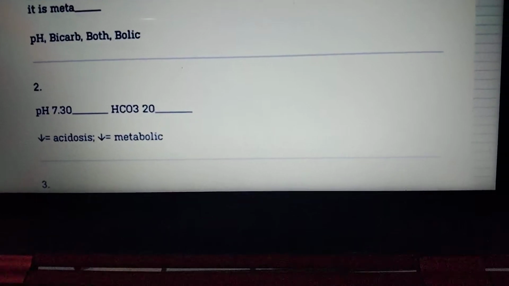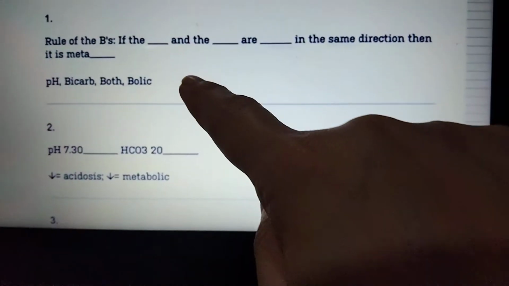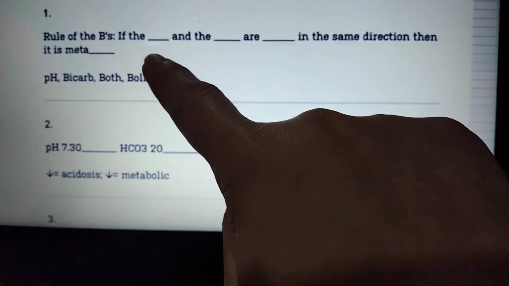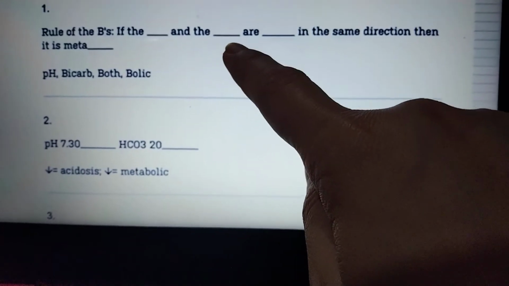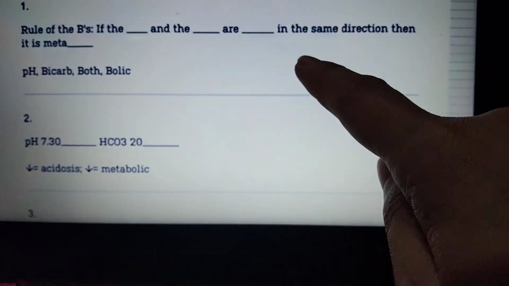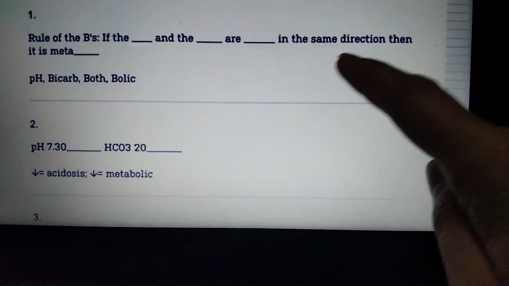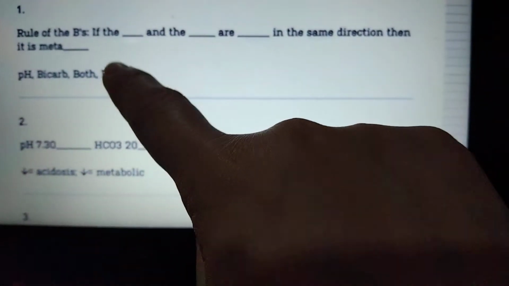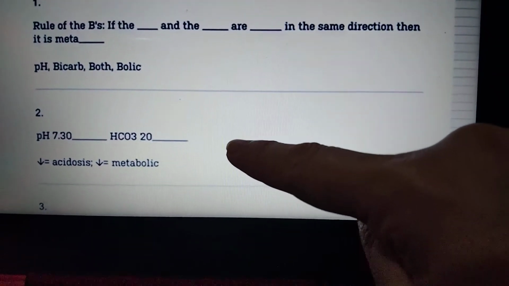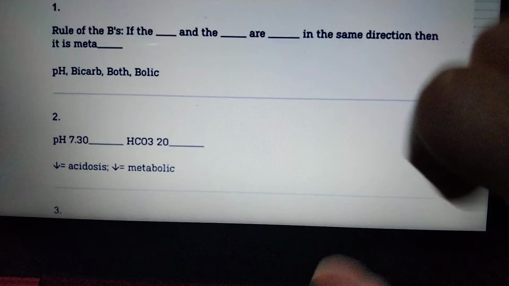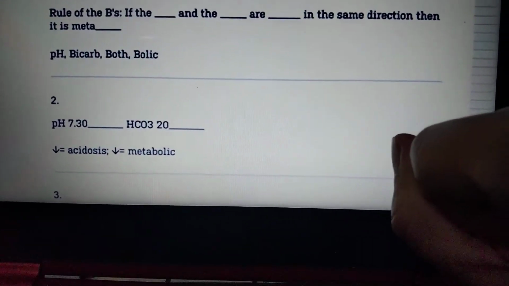Okay, let's go back. The rule of B's: if the pH and the bicarbonate are both in the same direction, then it is metabolic. Let's have an example.